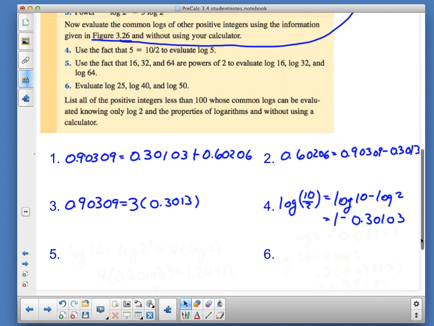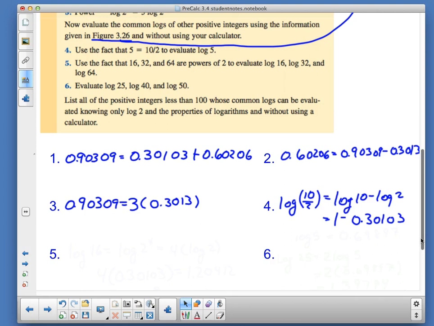Now, in 5, they're asking me to use the fact that 16, 32 are powers of 2. 16 is 2 to the 4th power, 32 is 2 to the 5th power, and 64 is 2 to the 6th power. Now, they're asking me to evaluate the log of 16, the log of 32, and the log of 64.